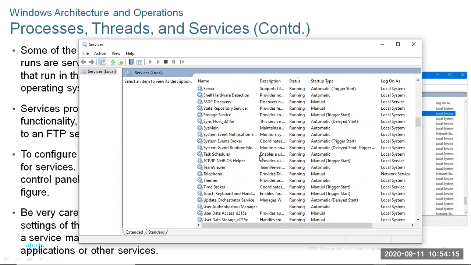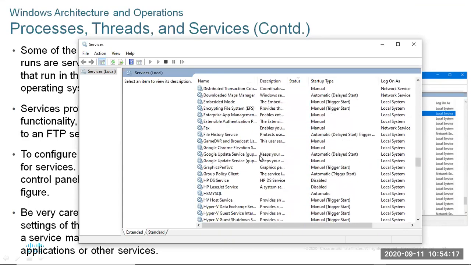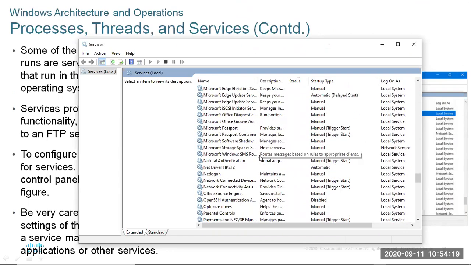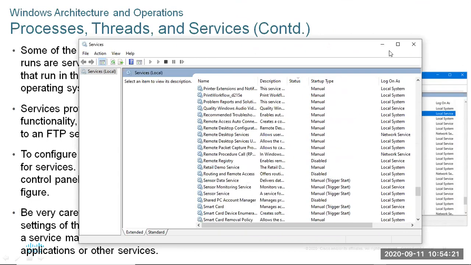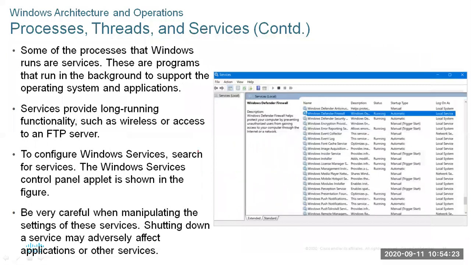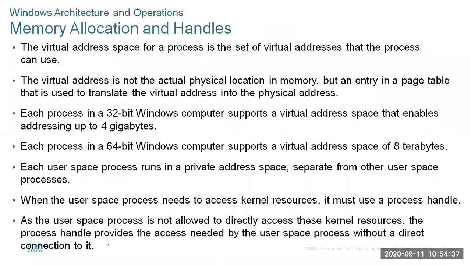So once in a while, for security purposes, you need to check the services that you have, the ones that are running, and stuff like that. All right. So be careful when manipulating the settings of these services. Shutting down a service may adversely affect the application of other services.